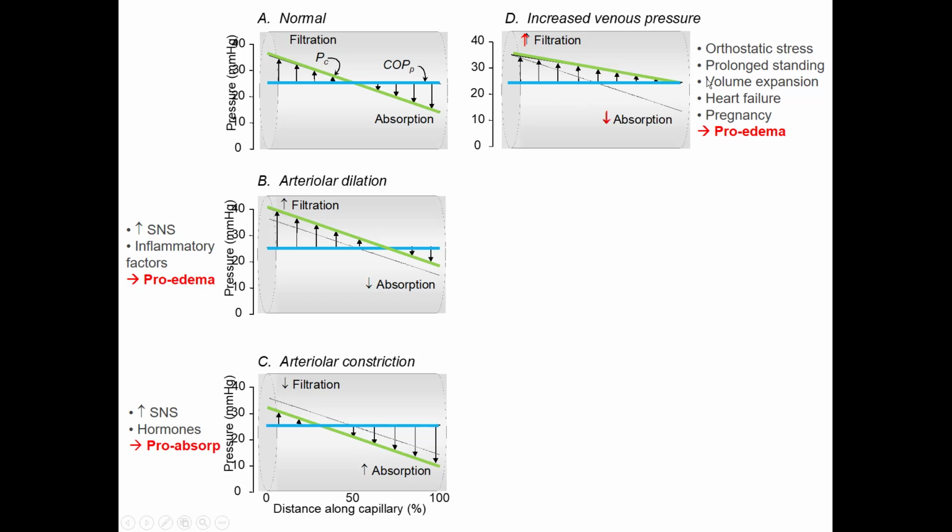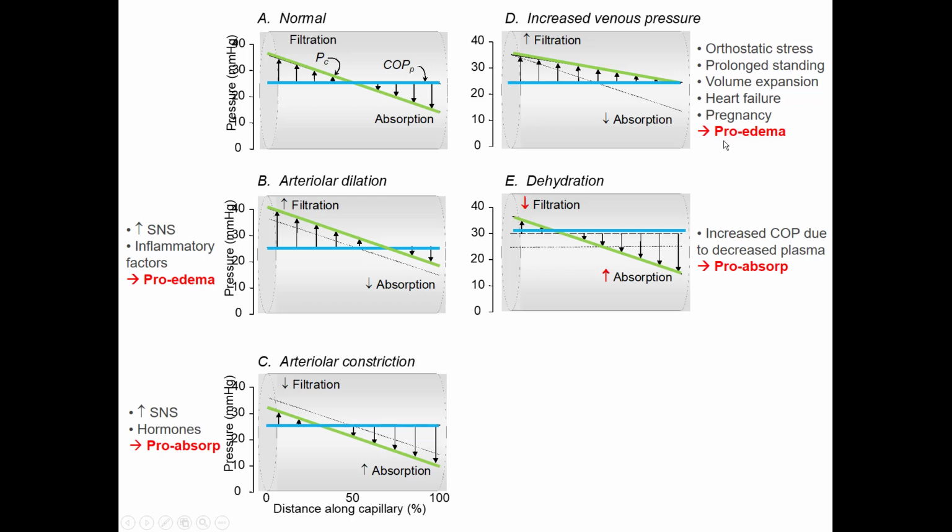Some things that can lead to this increase in venous pressure are orthostatic stress, like prolonged standing, volume expansion, and remember that blood volume is mostly stored in veins, so increased blood volume would increase venous pressure, as well as heart failure and pregnancy. So increased venous pressure causes an increase in filtration because it increases the capillary hydrostatic pressure, leading to much more filtration than absorption, and that can lead to edema.